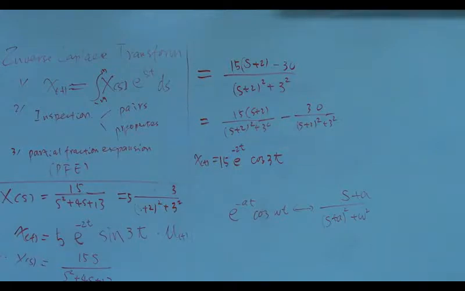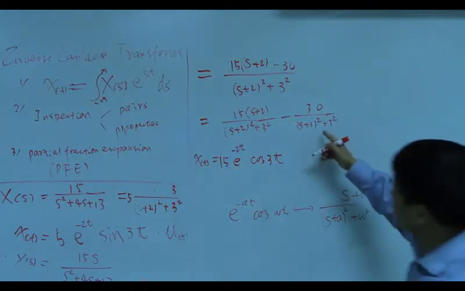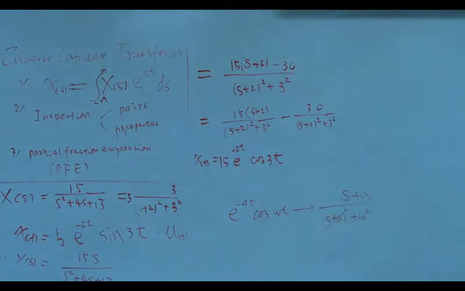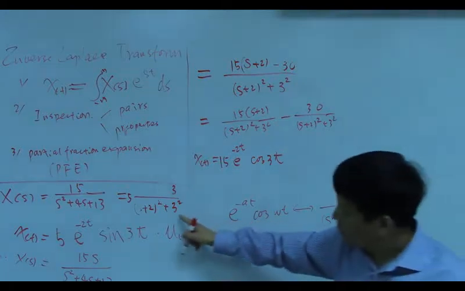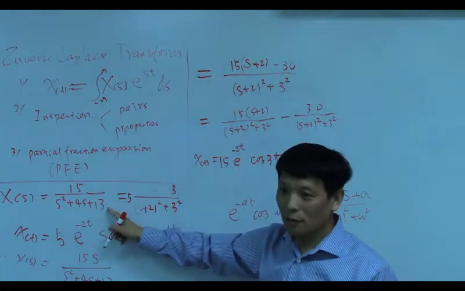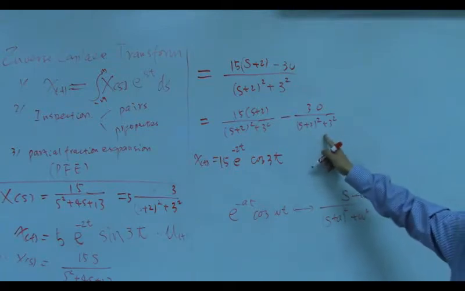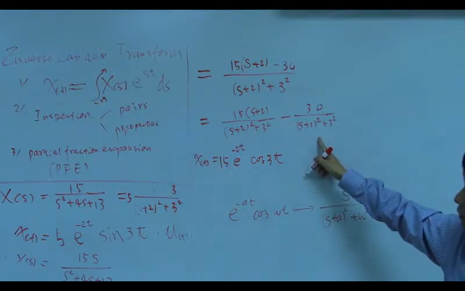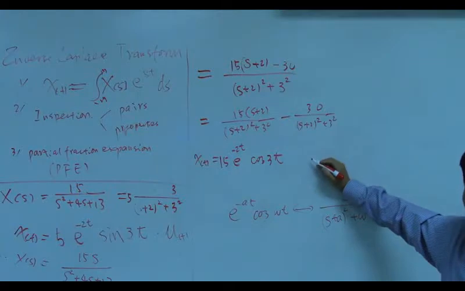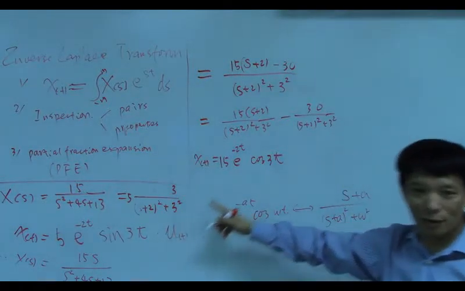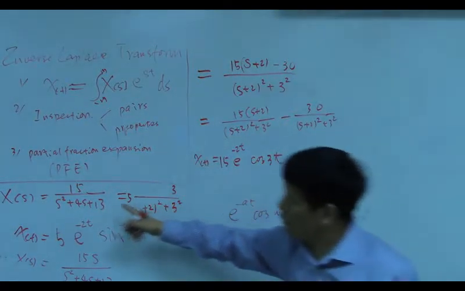So everybody is good? Okay, now the next term. What function is this? This one is this one, right? Is this something like this? So that is the same function. So what is it? You look at this, you just copy it. This one is 15, this one is 30.